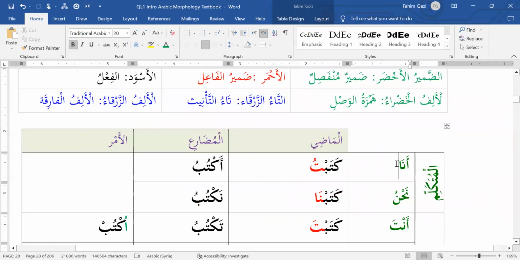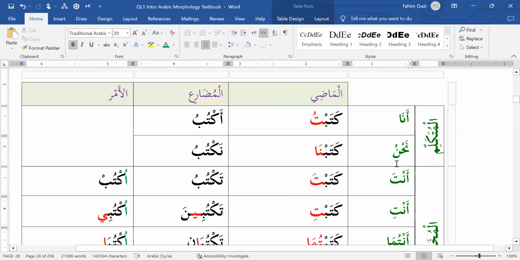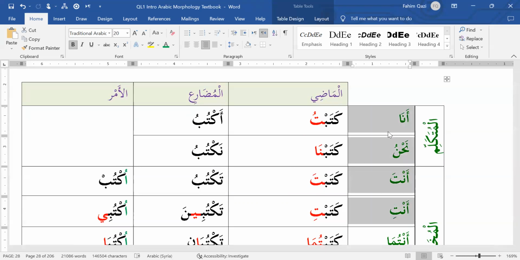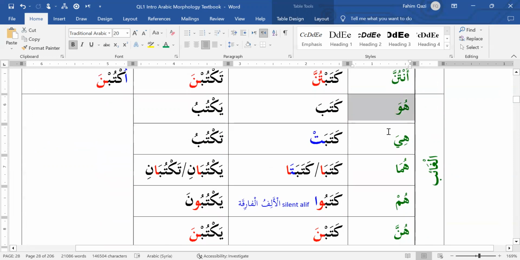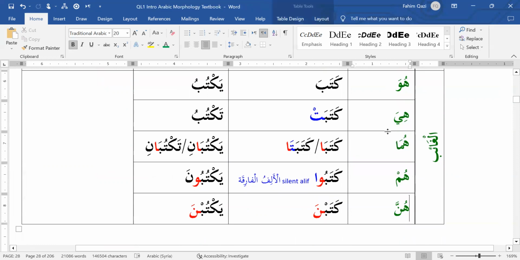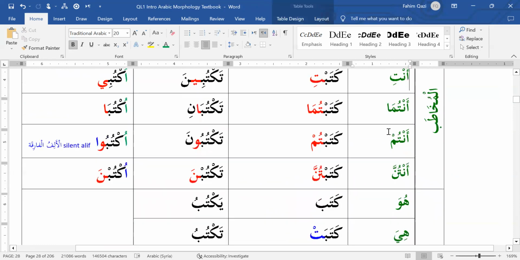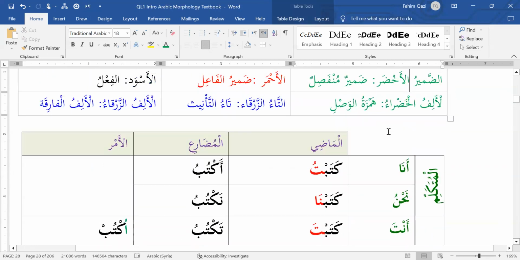It's the standalone, separated, disconnected pronouns. Ana, nahnu, anta, anti, they're all in green. Antuma, antum, antunna, huwa, hiya, huma, hum, hunna. These 12 pronouns are all ad-damir al-akhdar, green pronoun, damir munfasil.